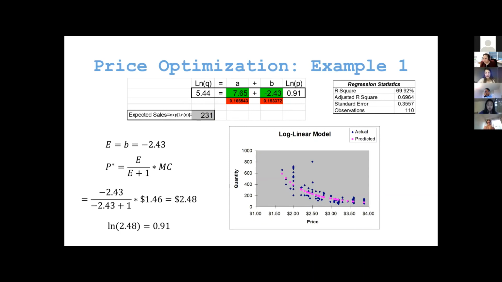Professor, I have one more question. What data will we need to calculate the marginal cost? Well, in this example, it was simply the manager of the store saying that what we pay for each bottle of juice is $1.46. So in this particular example, the data came directly from the manager.